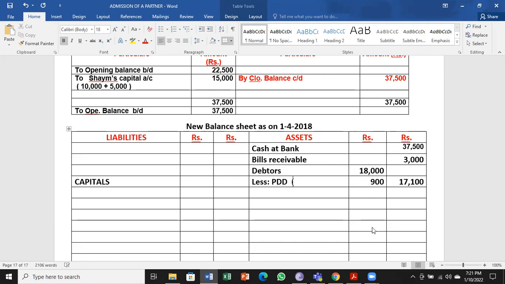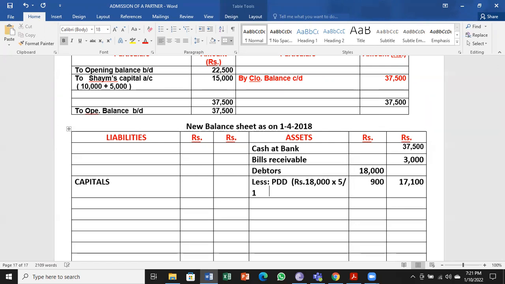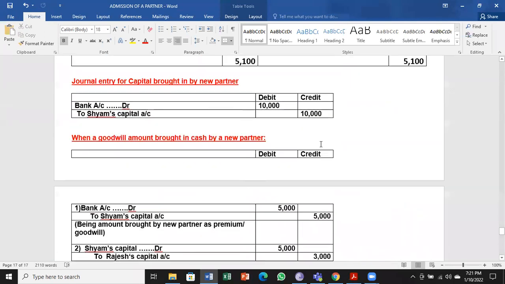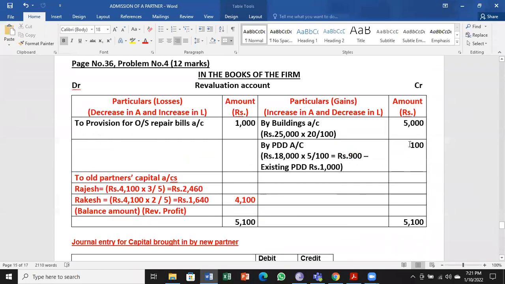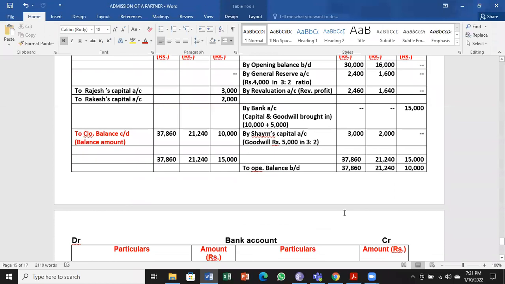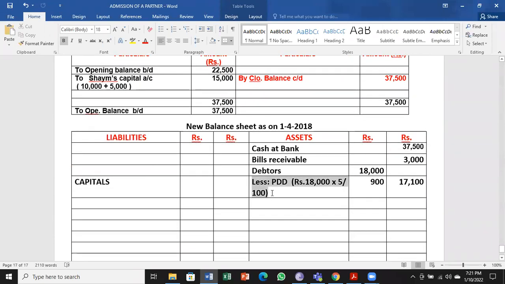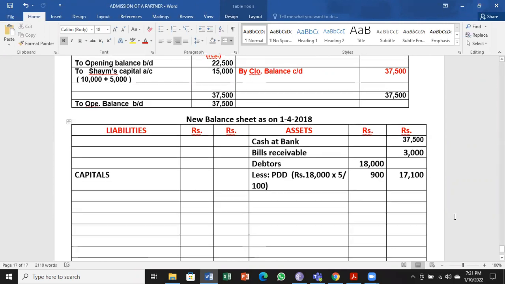So that is what you're going to find here: 18,000 into 5 by 100. 900 should be there, but it was 1,000. So we have reduced 100 rupees from the PDD of 1,000. This is what they have told in the problem. It should be 5%, that is 900. This is what you should remember.